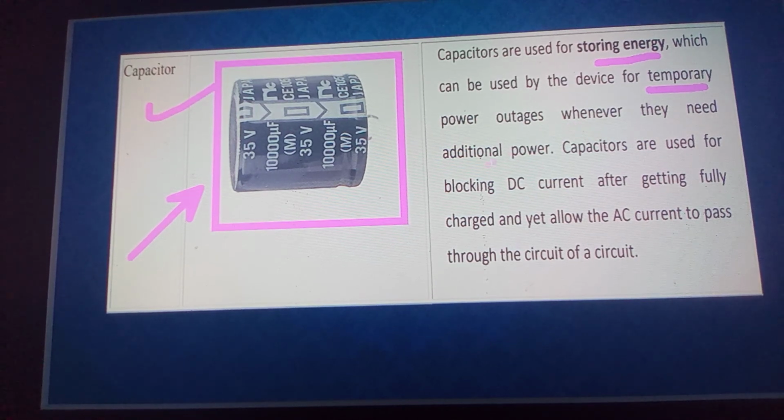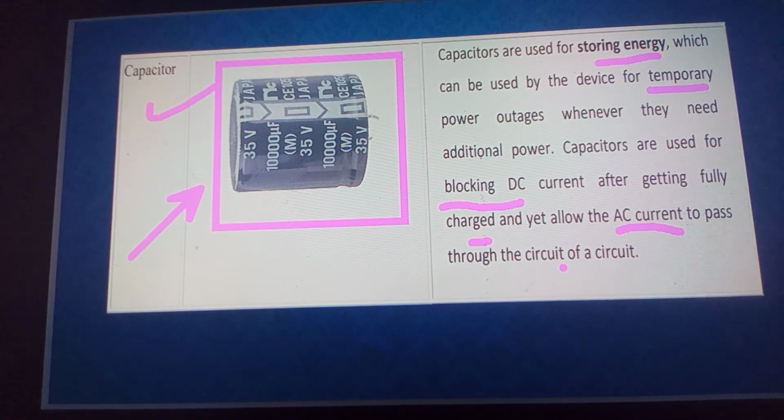Capacitors are used for blocking direct current after getting fully charged, and yet allow the AC current to pass through the circuit of the given device. So this is the main use of a capacitor in an electronic instrument.